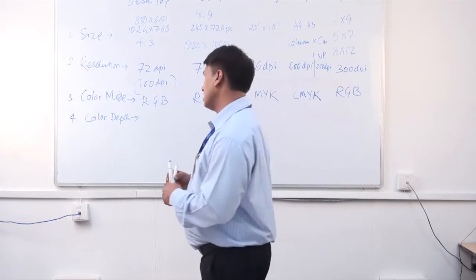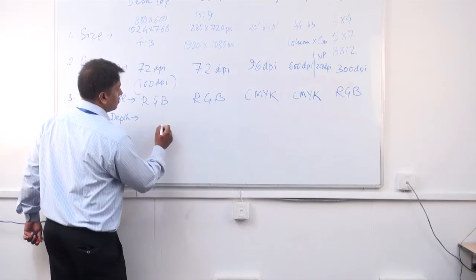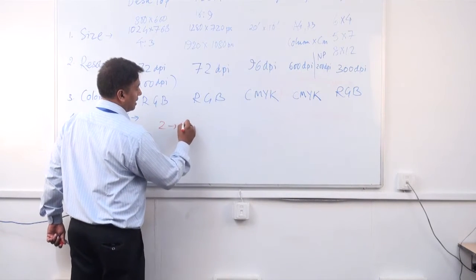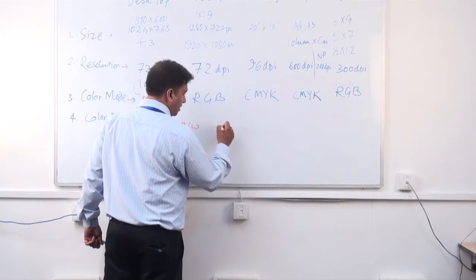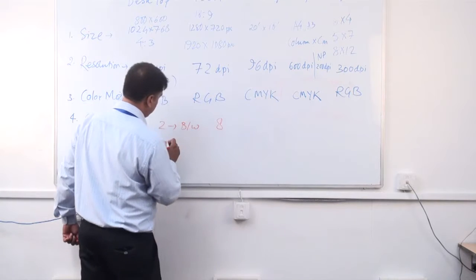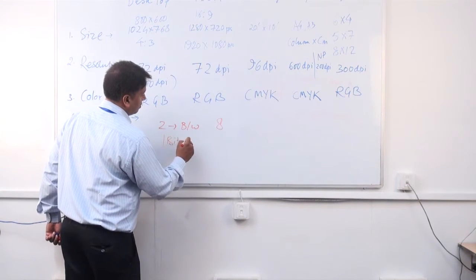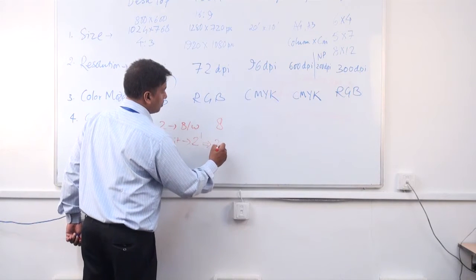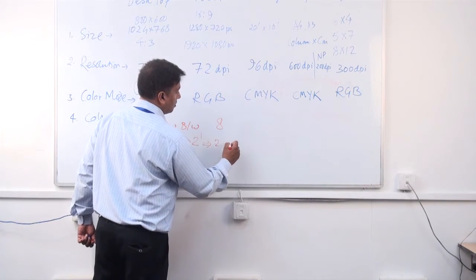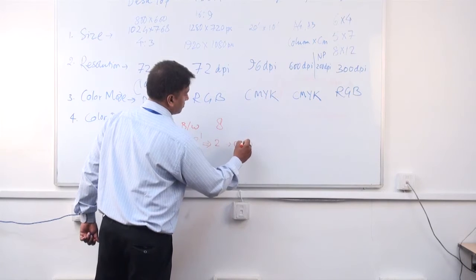So you heard there are 2 colors, black and white. You have 1 bit. This is called 1 bit, that is 2 to the power 1. It will have only 2 colors, which are black and white.